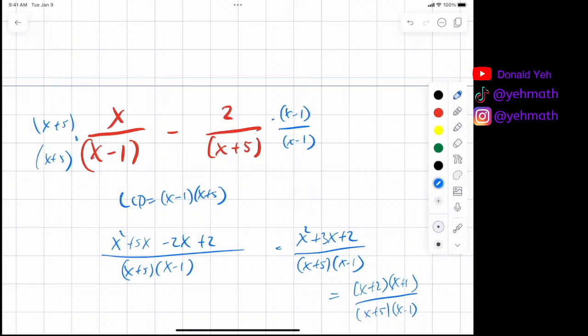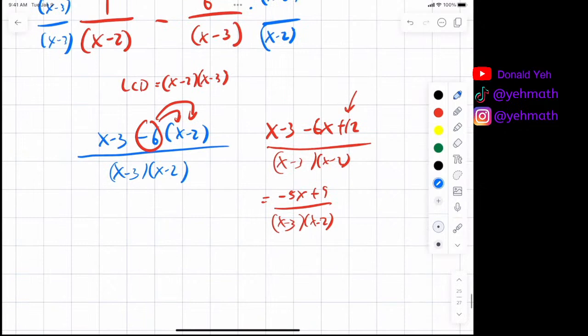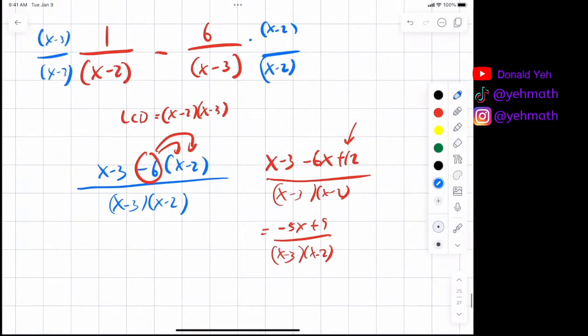Because negative 6 times negative 2 is positive 12. Get it? We would just keep it like this, and then we multiply the top and bottom by x minus 2.